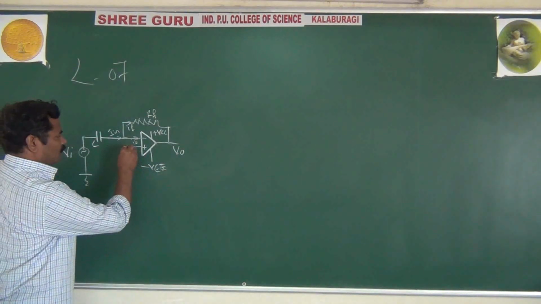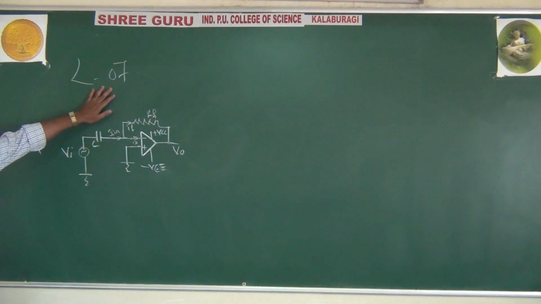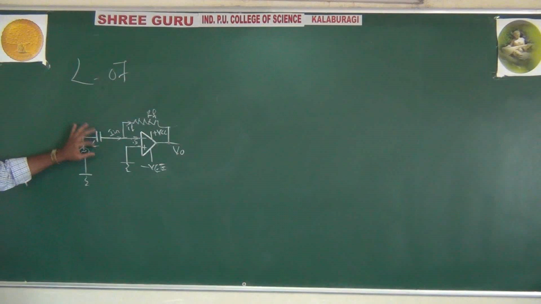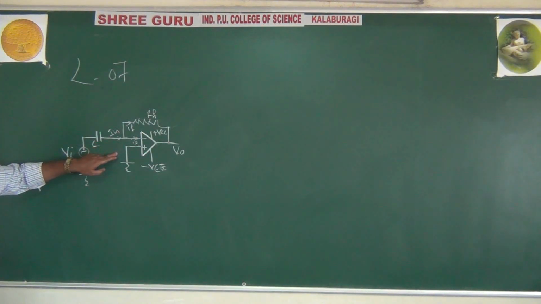As I said, only this is the change. Everything is similar to the inverting amplifier. Only in place of the resistor, connect a capacitor on the input side. That is nothing but the differentiator circuit.